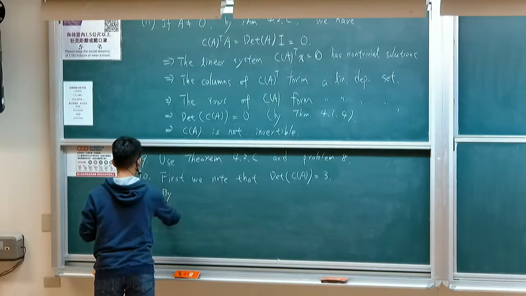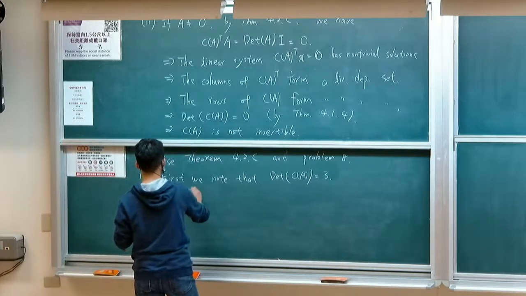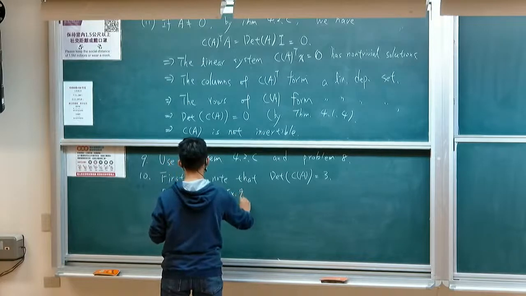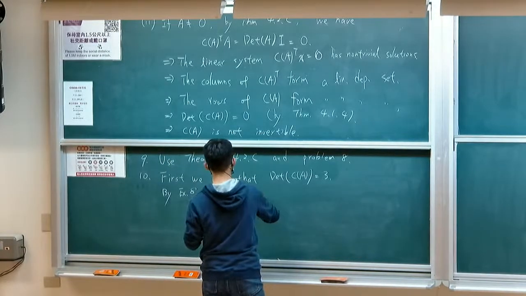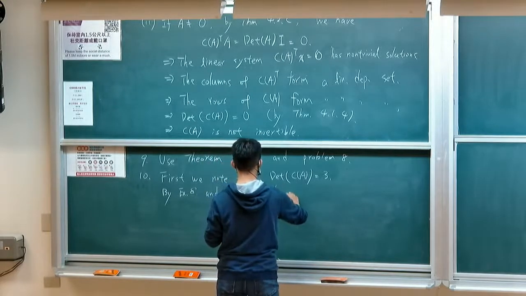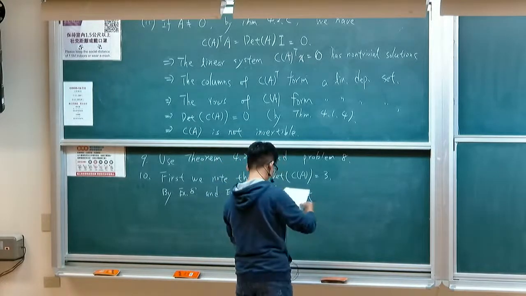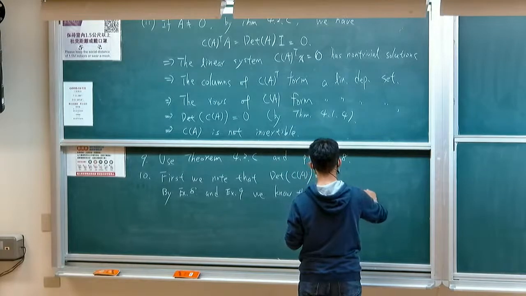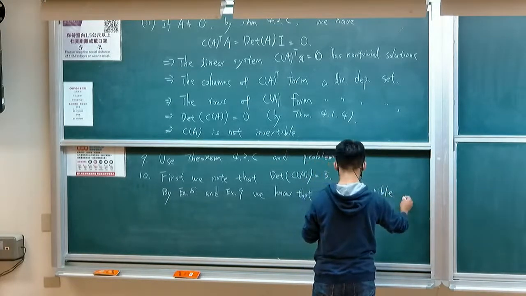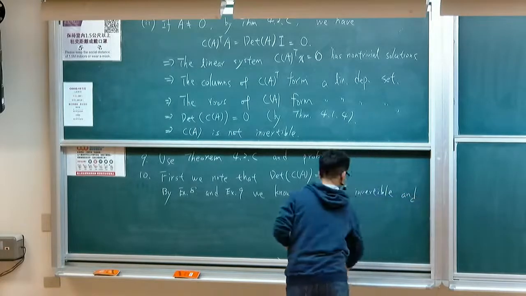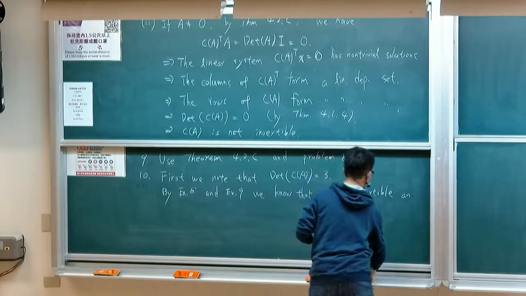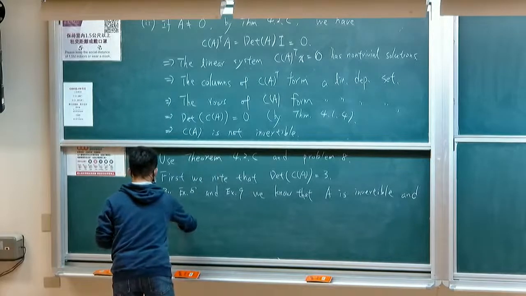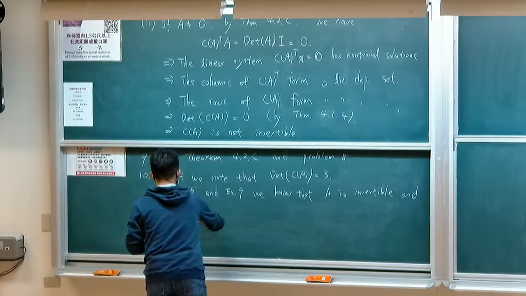Then by previous 2 problems and exercise 9, we can know that A is invertible and determinant of A is equal to the cube root of 3.